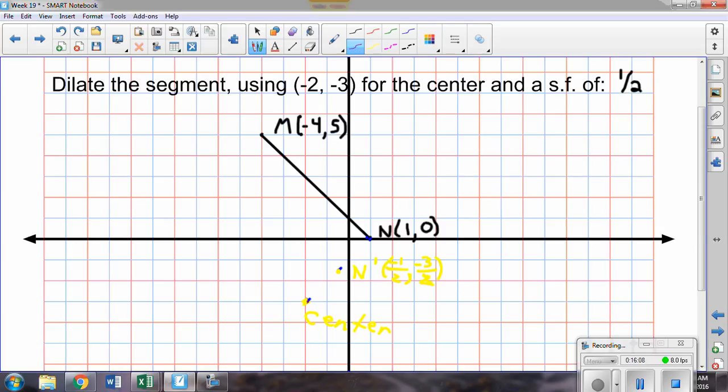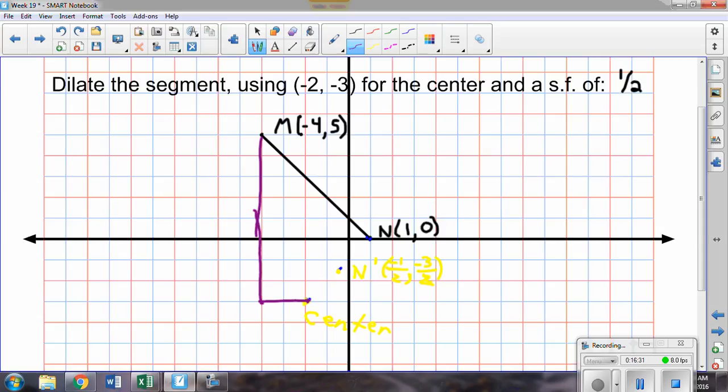From the center to point M, there are gaps. The gaps need to be resized. So we will have to pay attention. There's a gap down and there's a gap to the left. How big is this gap going to the left?